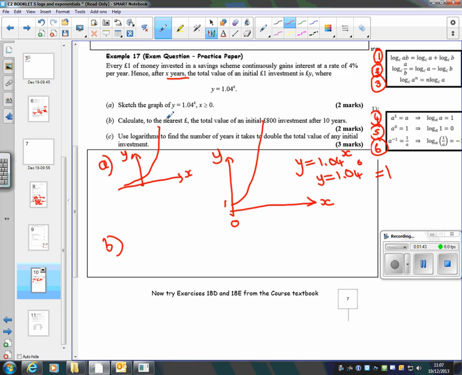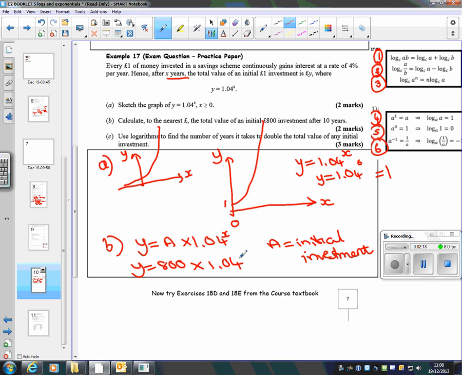For part B, we want to work out how much money we've got after 10 years after initially investing £800 into the scheme. So we need to change the equation slightly to this form, where A is our initial investment. So we're not just starting out at 0, we're actually putting £800 into the scheme at the start, so A is 800.